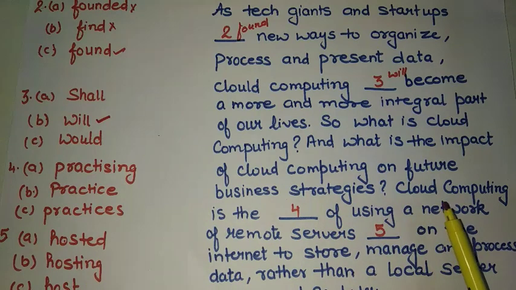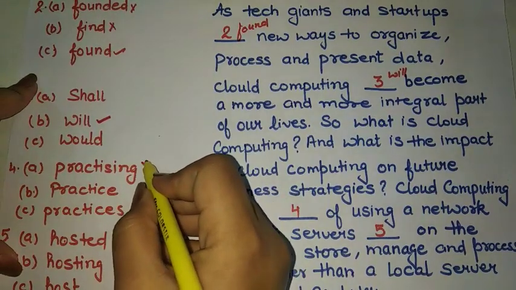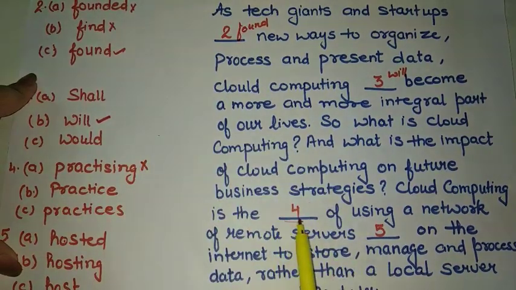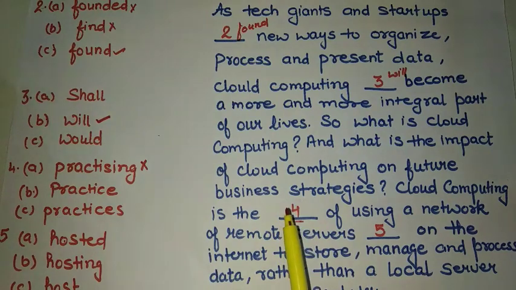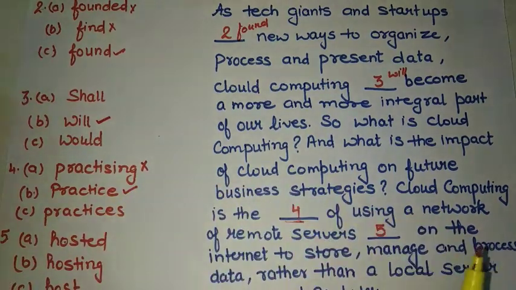Now you see, cloud computing is the dash. The word practicing is in continuous form, and we are not talking about a continuous process here, right? I will go with the word practice. It's a process.